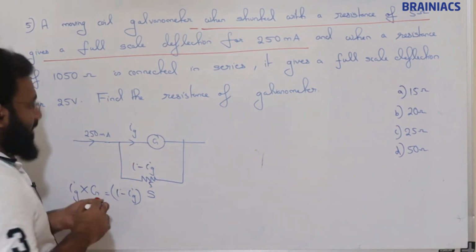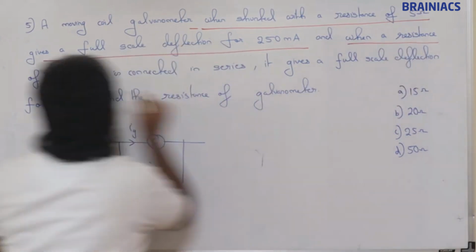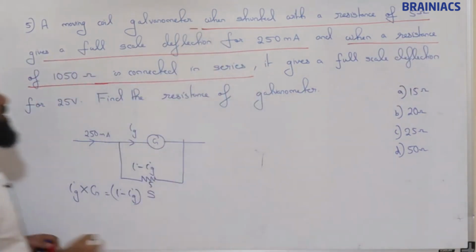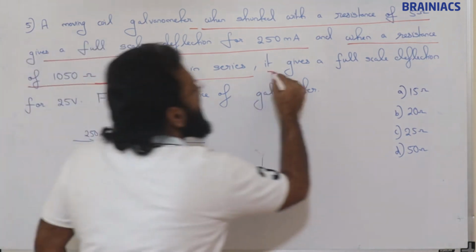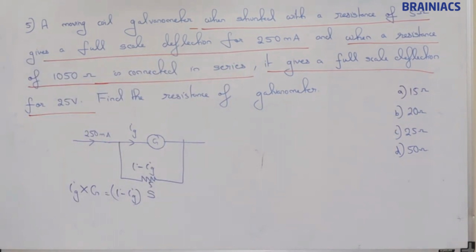Another thing is, when a resistance of 1050 ohm is connected in series, it gives a full scale deflection of 25 volt.